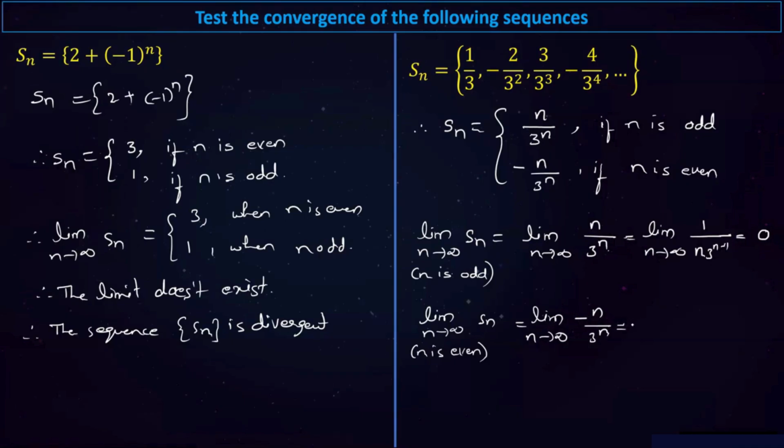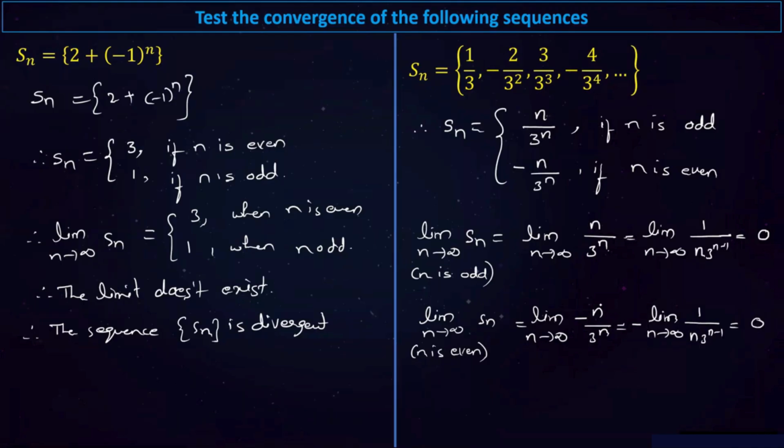So I'm just keeping this minus sign before this limit, and I'm using L'Hospital's rule. So minus of limit n tends to infinity, if you differentiate that, we'll get minus 1 divided by n into 3 to the power of n minus 1. Again, the same story, when n approaches infinity, this term approaches infinity in the denominator. When it is infinity in the denominator, the limit approaches directly 0.